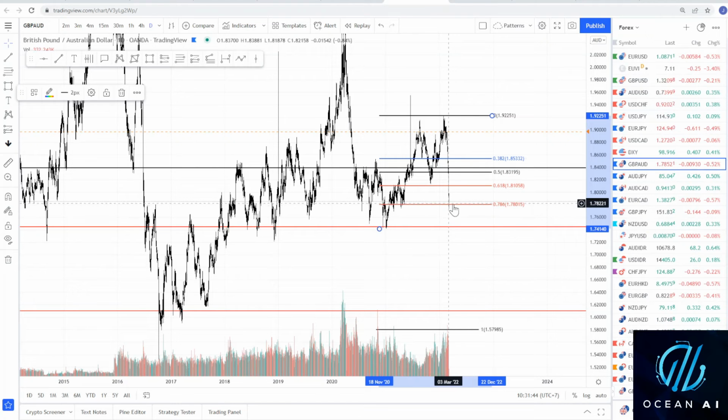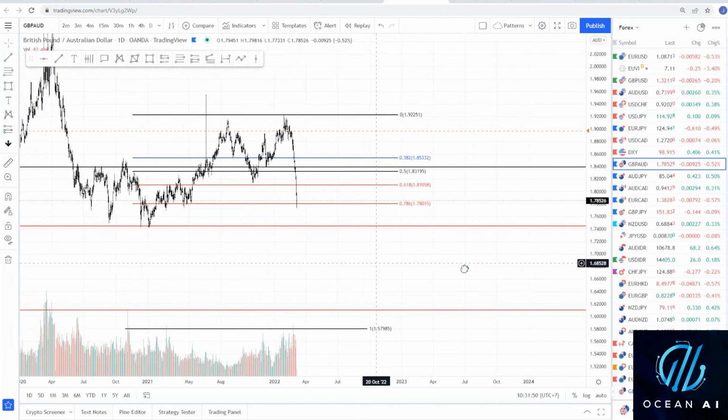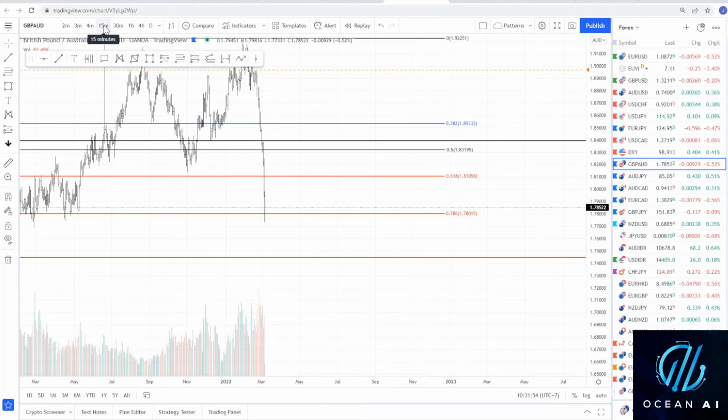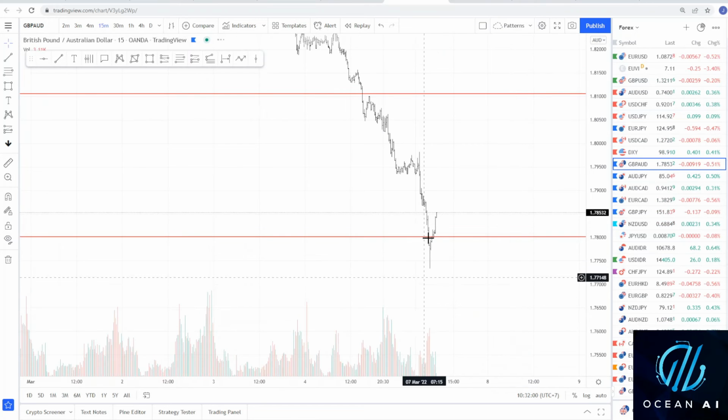Yeah, we've just bounced off the 78% from this level here to here, which has been going straight down for a while. So ideally what we want to do is just wait for this first move up. If we go into a 15-minute, yes, it's quite a decent rally off the low here.